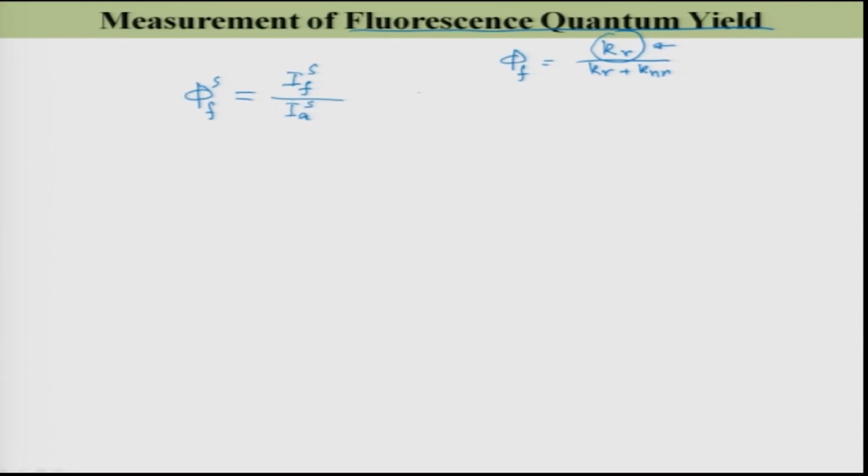So, let me write over here I F S is the fluorescence intensity of sample, and I A S is the absorption intensity of the sample.